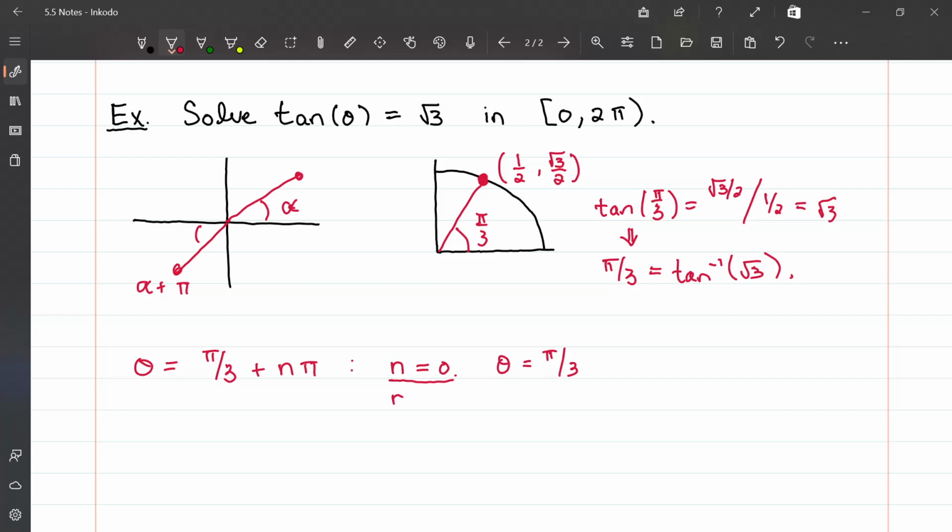And the second one that we get is when n is equal to 1, because when n is equal to 1, we get theta is equal to pi over 3 plus pi. And I'll let you double check this for yourselves, but pi over 3 plus pi should be equal to 4 pi over 3.